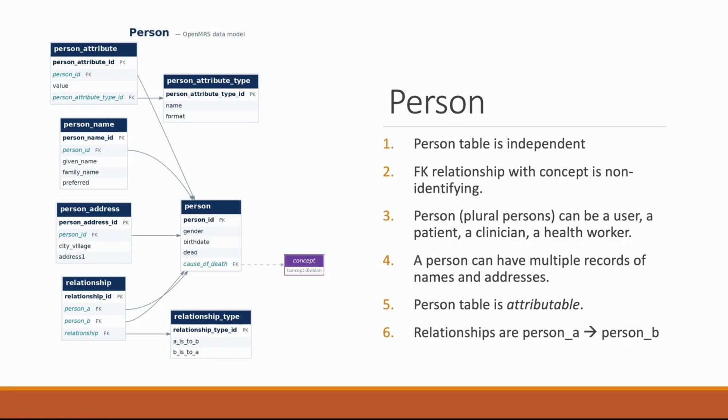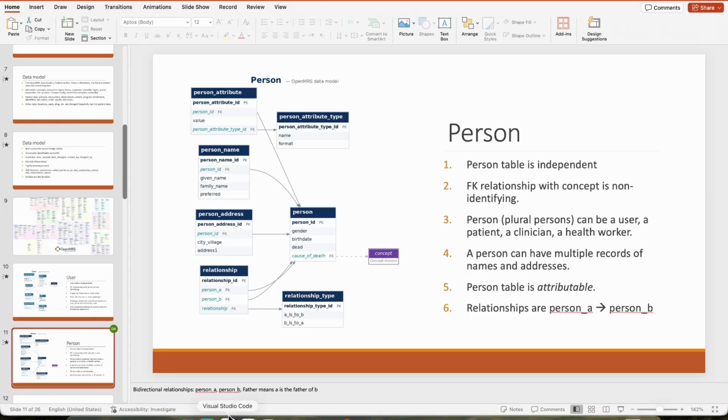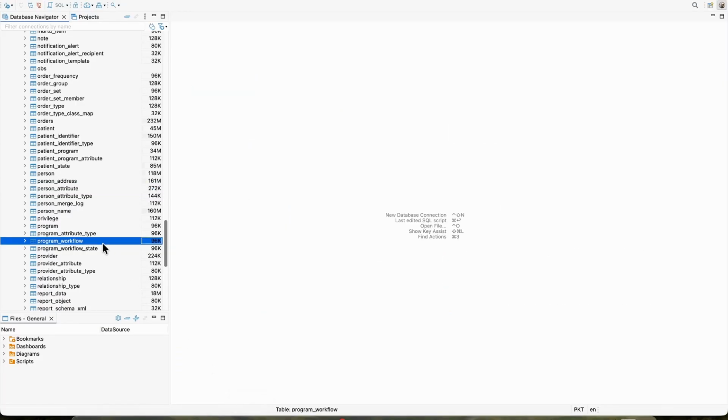Now person A is related to person B in what manner? If you say relationship person A comma person B, it means A is the father of B. So if you have A, you have B, and the relationship is father, then A is father of B. That's how you read the relationships, and I'll just show you what relationships exist in our system.